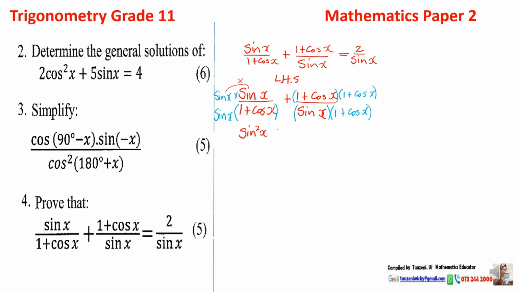Then the other fraction, this means the FOIL method. 1 times 1 is 1. 1 times cos x will give me cos x. Then cos x times 1, I get another cos x. And the last one is cos x times cos x. That will give me cos squared x.